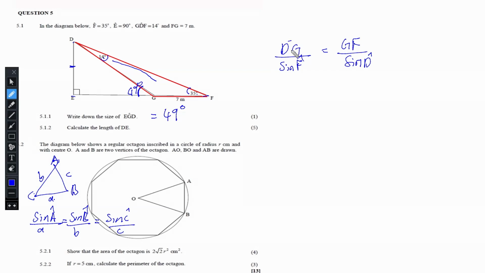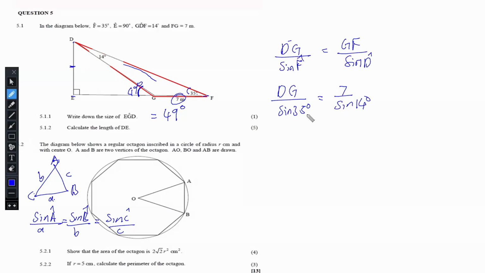Now, okay, the DG here, I do not have the size for DG. That's what I'm looking for. But then I do have the angle F. So that's sine 35 degrees is equal to GF. I do have the length for GF. It's 7. And then sine D, we are given that angle there as 14, right? So 14 degrees. So let me erase here so that you can see.